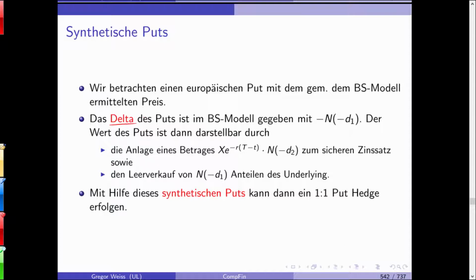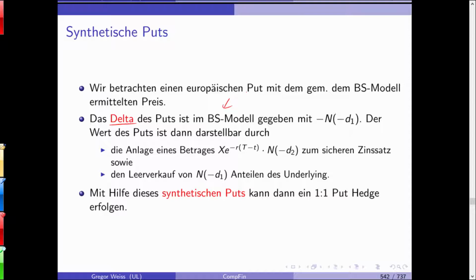Remember that the option delta, the sensitivity of the option price with respect to the underlying price, in the Black-Scholes model is given by minus N of minus D1.